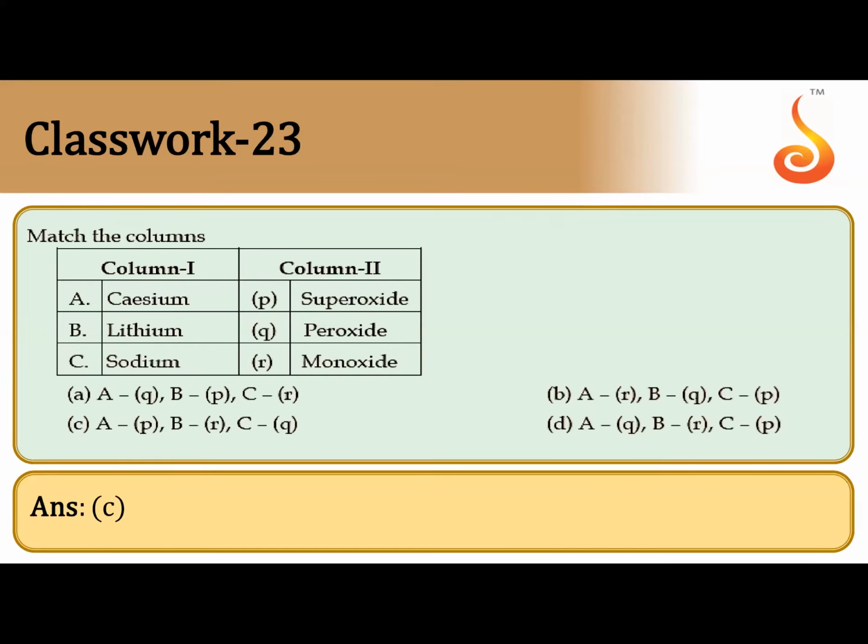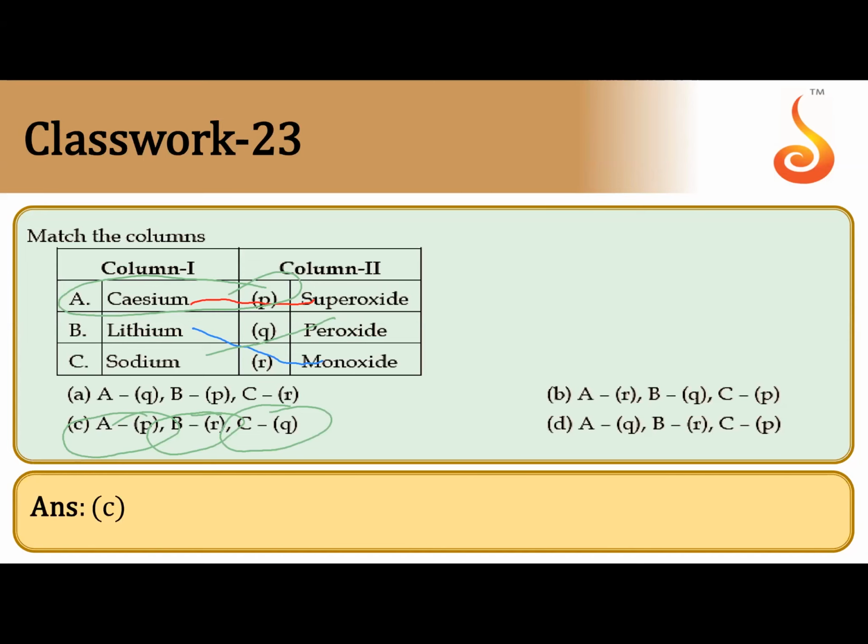Match the following. Once again, lithium can form monoxide, right? Next, cesium can form superoxide, sodium can form peroxide. So therefore, A and P are correct, B and R correct, C and Q also correct.